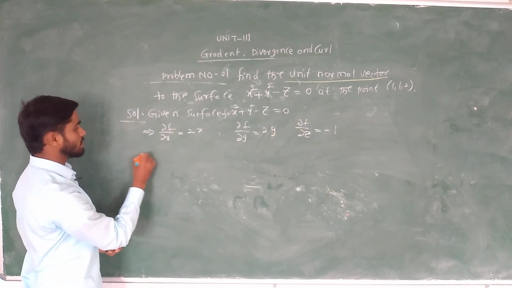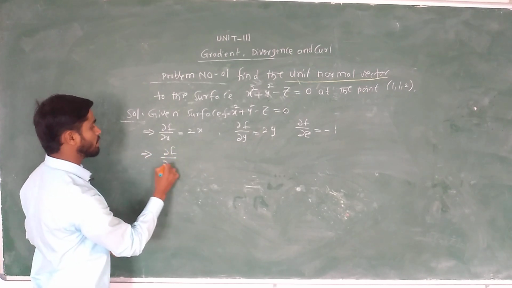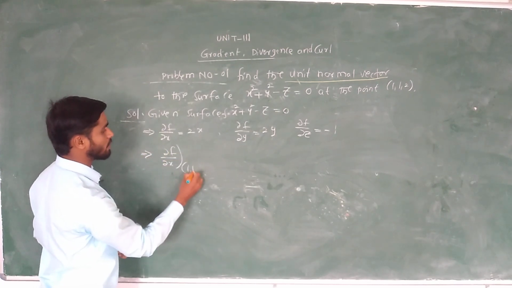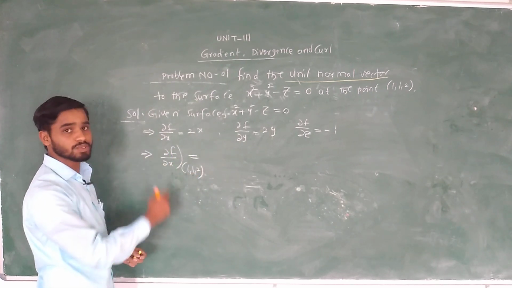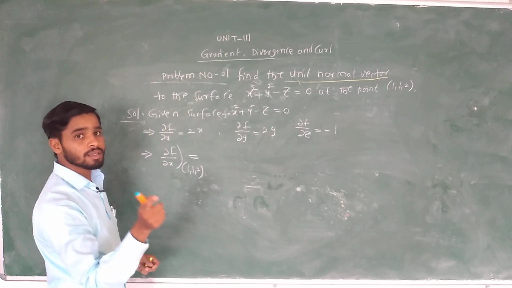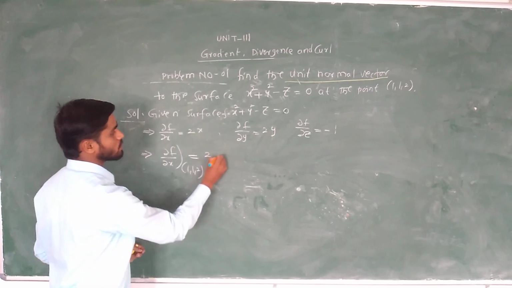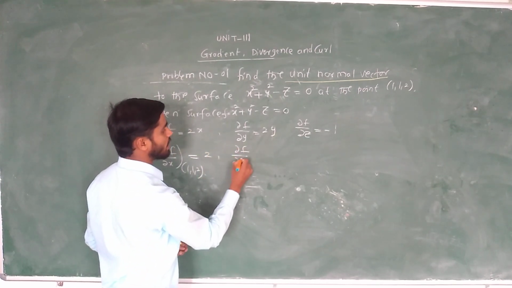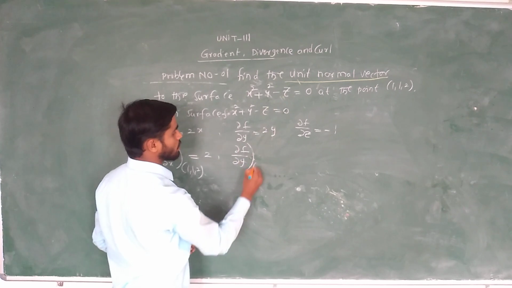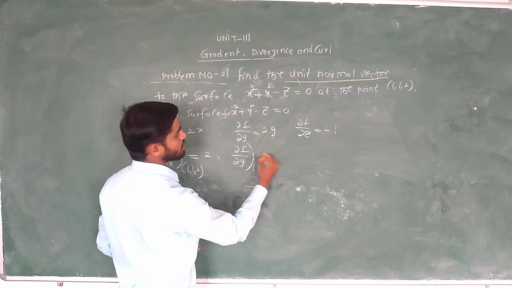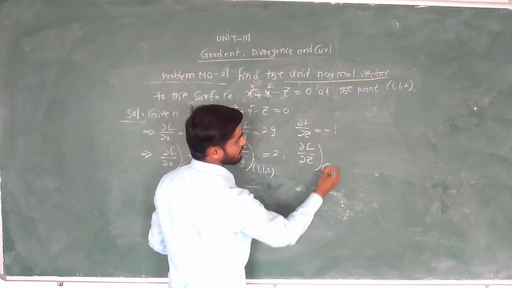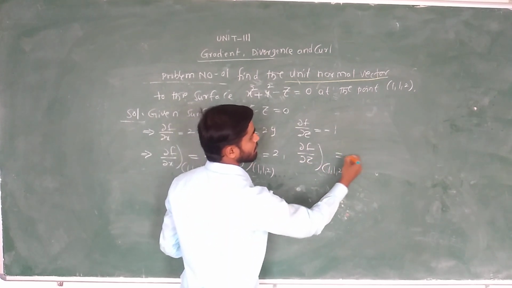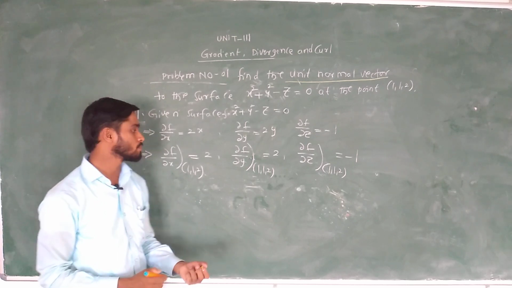Therefore dou f by dou x at the point 1, 1, 2, with x equal to 1, y equal to 1, z equal to 2, will be 2 into 1, which is 2. Dou f by dou y at the point 1, 1, 2 will be 2 only. Dou f by dou z at the point 1, 1, 2 will remain the same, that is minus 1.